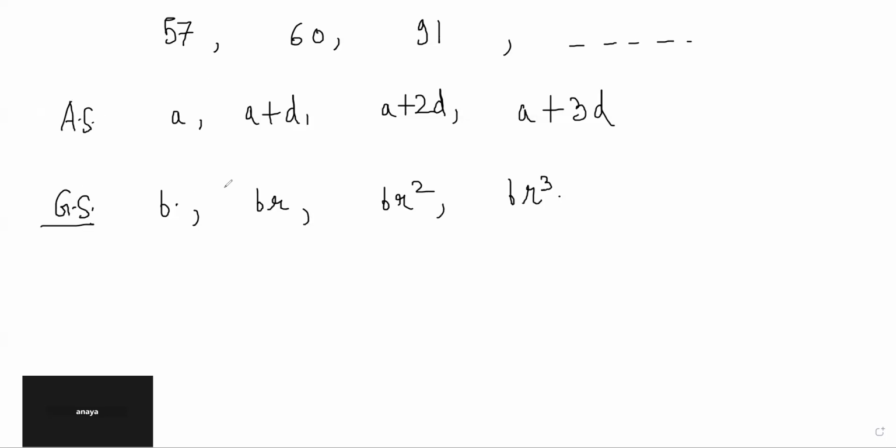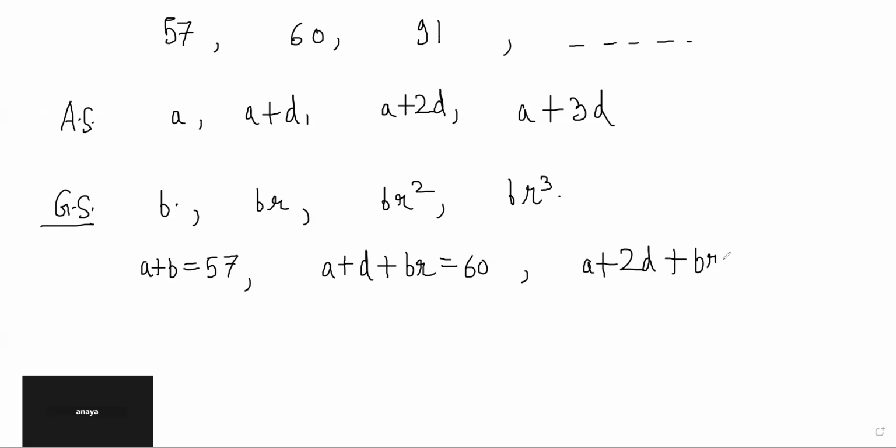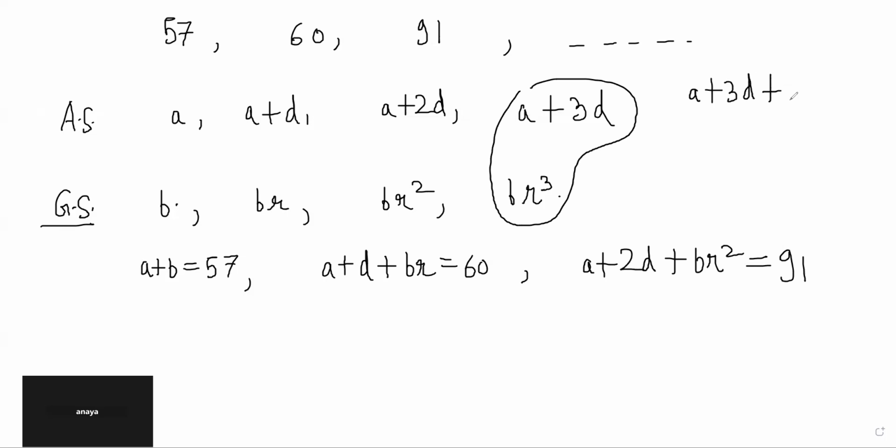My terms are A plus B is 57, and A plus D plus BR is 60, and A plus 2D plus BR square is 91. And from there we have to find this.